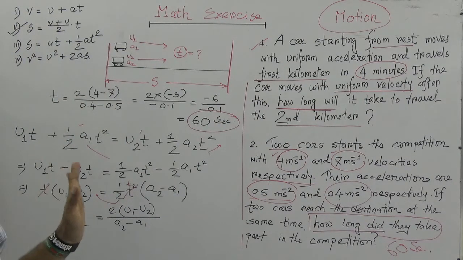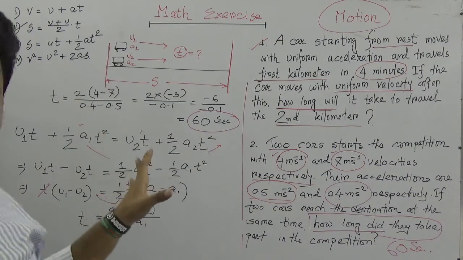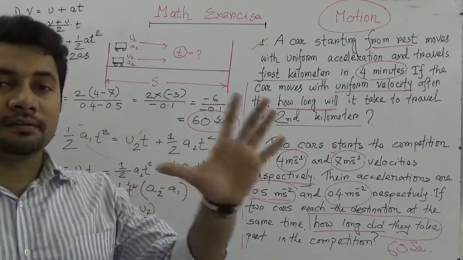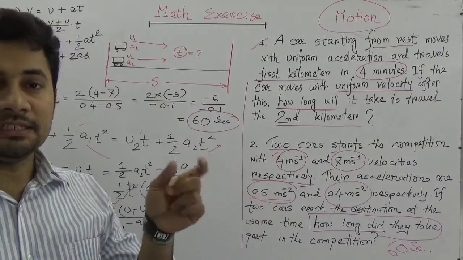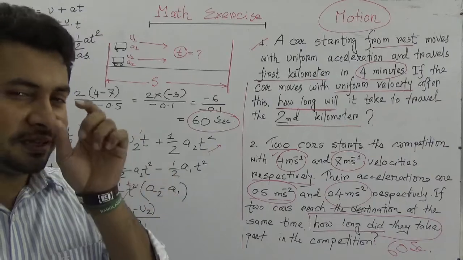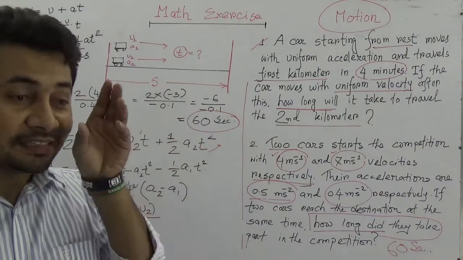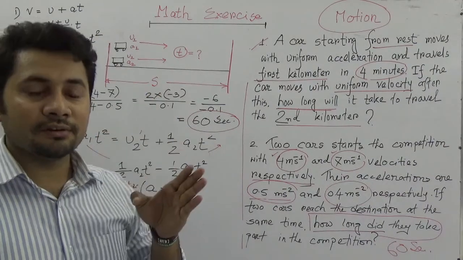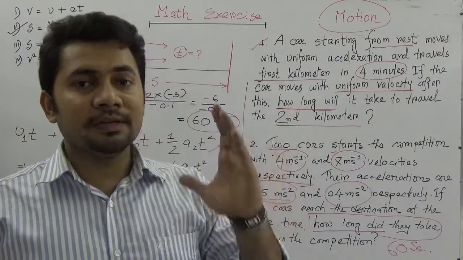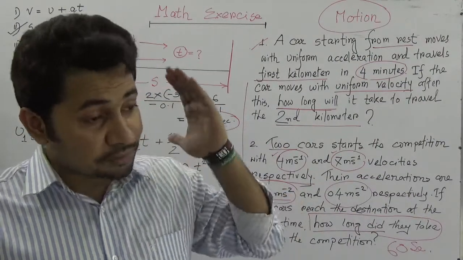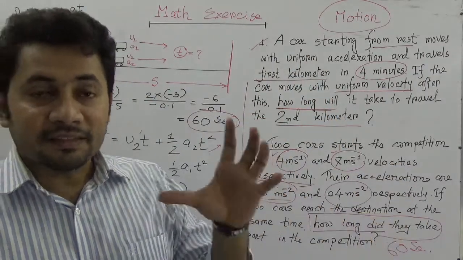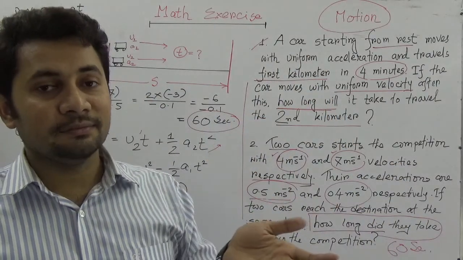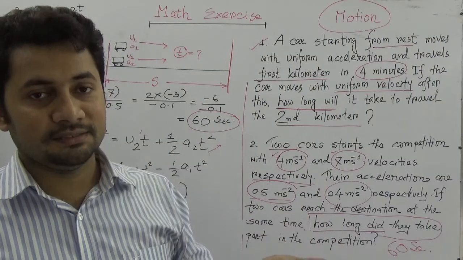So I hope you understand how to solve this type of question. If something bigger is written, a huge amount of data is given on the question paper and you need to find out something, then you need to know how to visualize the scenario written in the question, and then how to find the data, what was asked in the question.